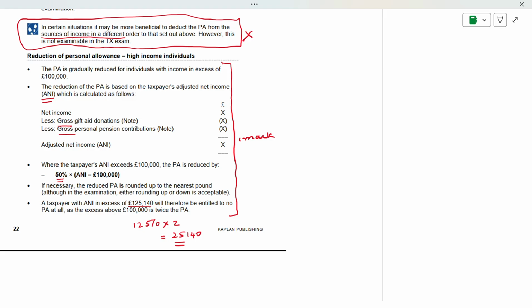If the ANI is in excess of 125,140, then there will be no PA at all. Personal allowance will be 0.